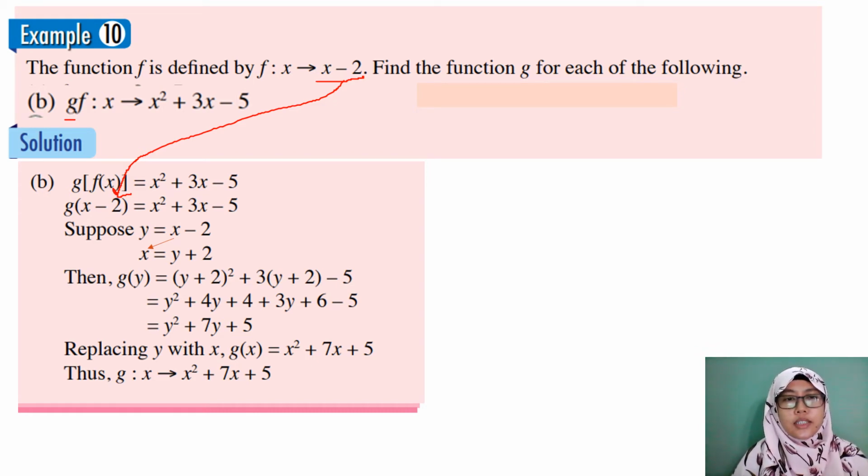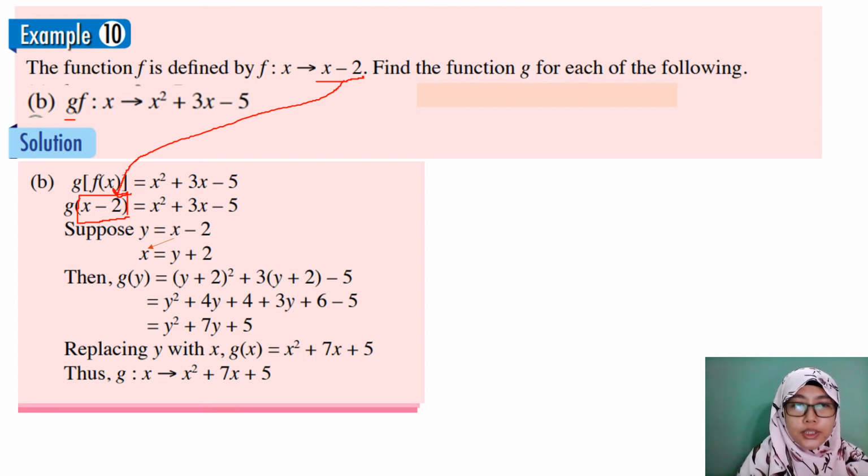So what is the next step? Okay, so yang ini dia agak sukar sikit. Okay, bila kamu dapat macam ni, g(x minus 2) equals to x square plus 3x minus 5, you need to make another step. So this step you need to understand. Okay, first what I need to do is I take this function x minus 2 ni, I make another equation.